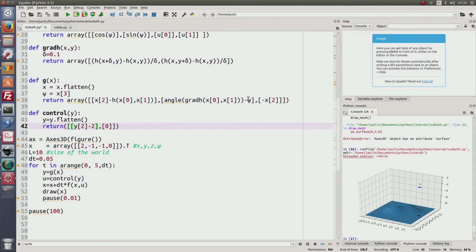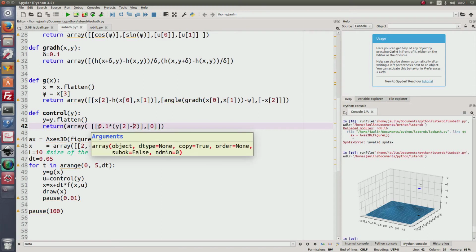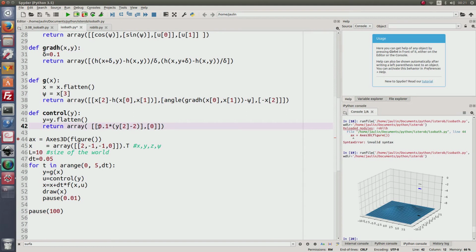And here I have the coefficient k. I can put what I want. If I want to go slowly, I will put, for instance, 0.1. Here you have to return an array. I don't need these parentheses.